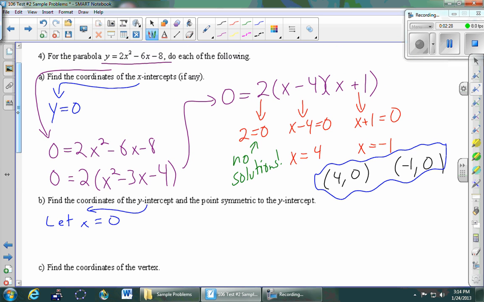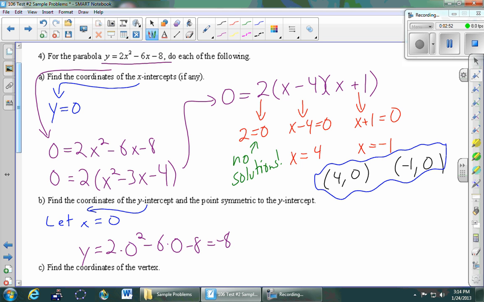It's underlined in purple, but we're going to change all the x's to 0. So the y stays as it is. X's all become zeros. And doing the arithmetic, just about everything drops out, and we get y equals negative 8.